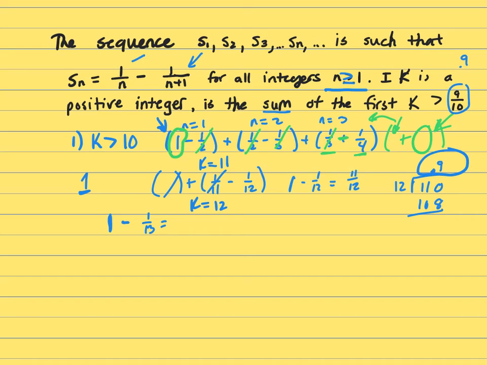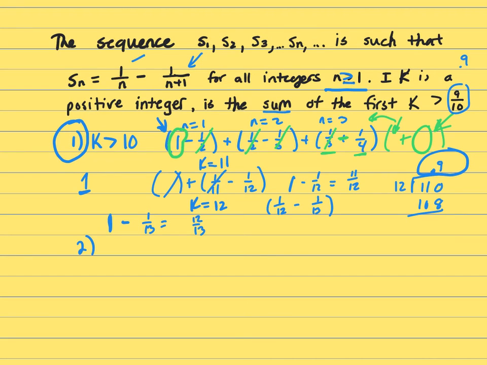That's what's going to be left, because k equals 12 is 1 over 12 minus 1 over 13. And that's going to be 12 over 13, and that's also going to be greater than 0.9. So clue 1 works. And you can do the long division to show that.